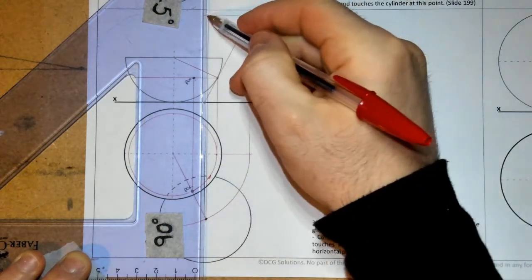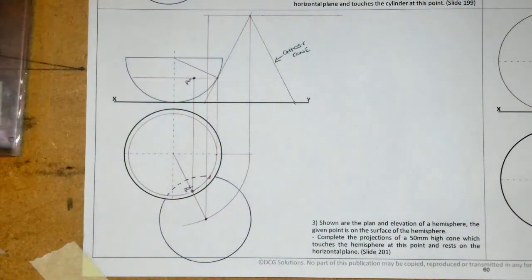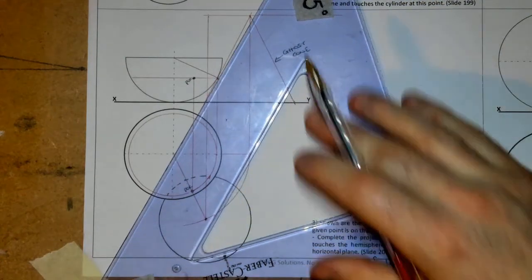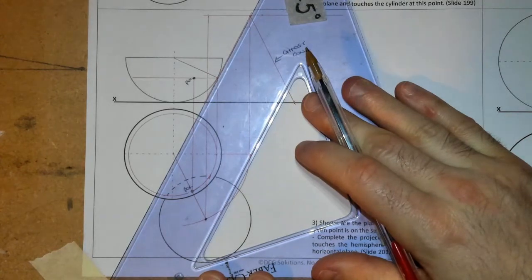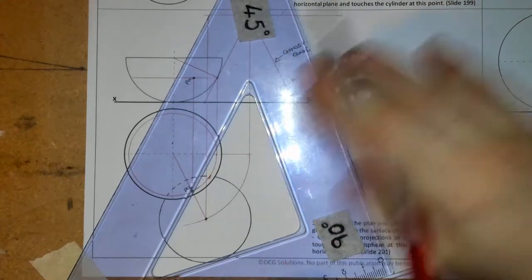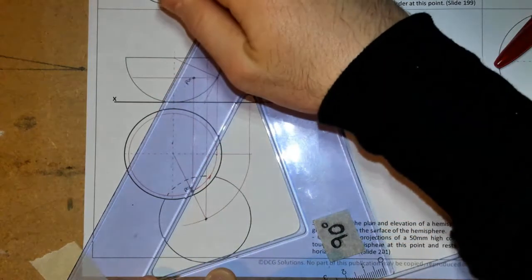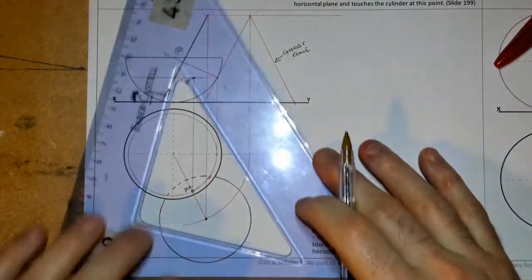Now that I have the height of it there, I could do a bit of sliding set squares, probably the easiest, because this has to be the exact same cone. There we go, and the cone in this case is in front of it, so this will be all heavy. And the exact same here as well.